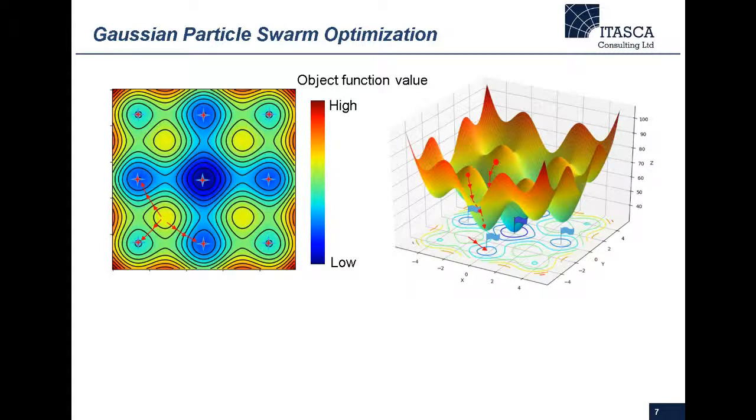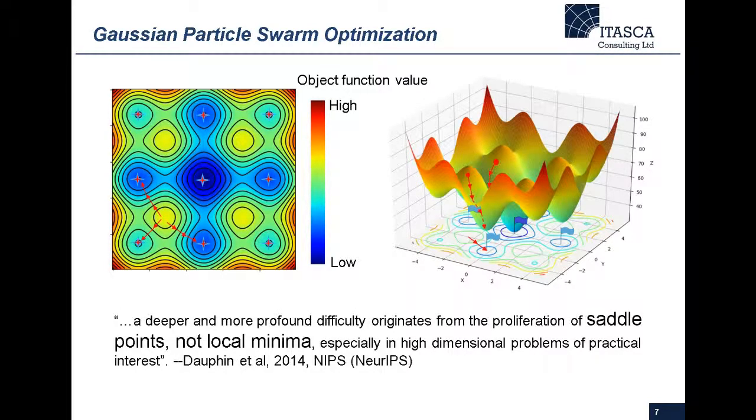So you may know that with a gradient-based method, those local minimization methods, as long as your initial point is not facing the valley somewhere here, you are likely to end up in local minima. So that's the number one issue, that I don't want to use a local minimization method. The other reason is, I quote from this paper, a deeper and more profound difficulty originates from the proliferation of saddle points, not really local minima, especially in high-dimension problems.